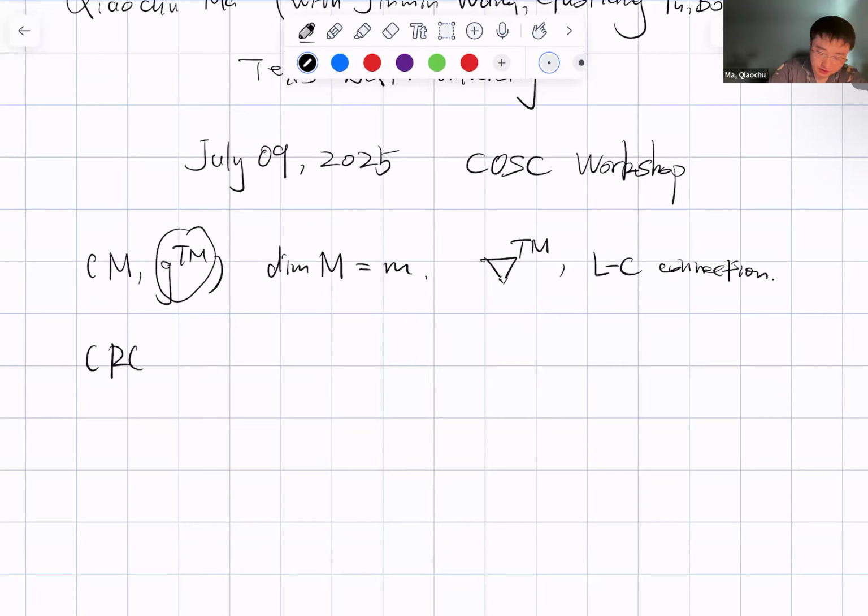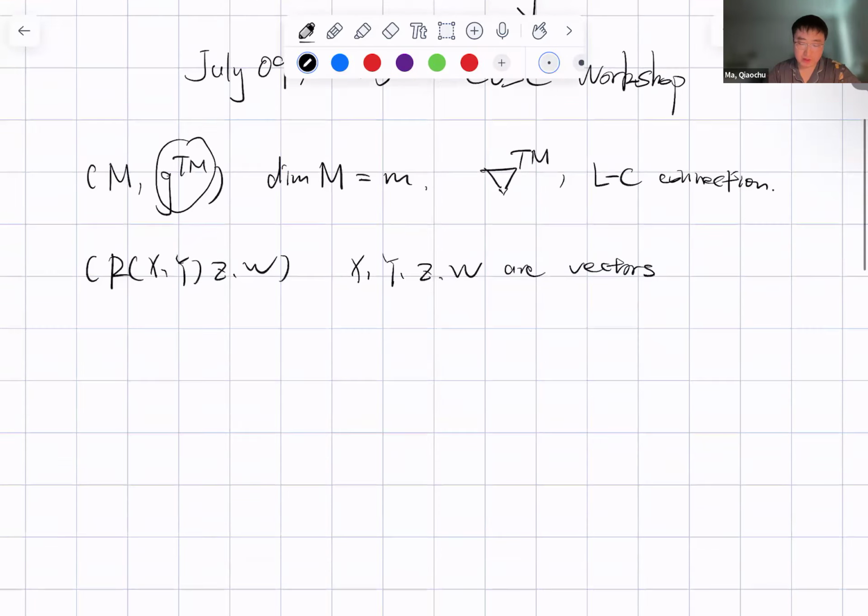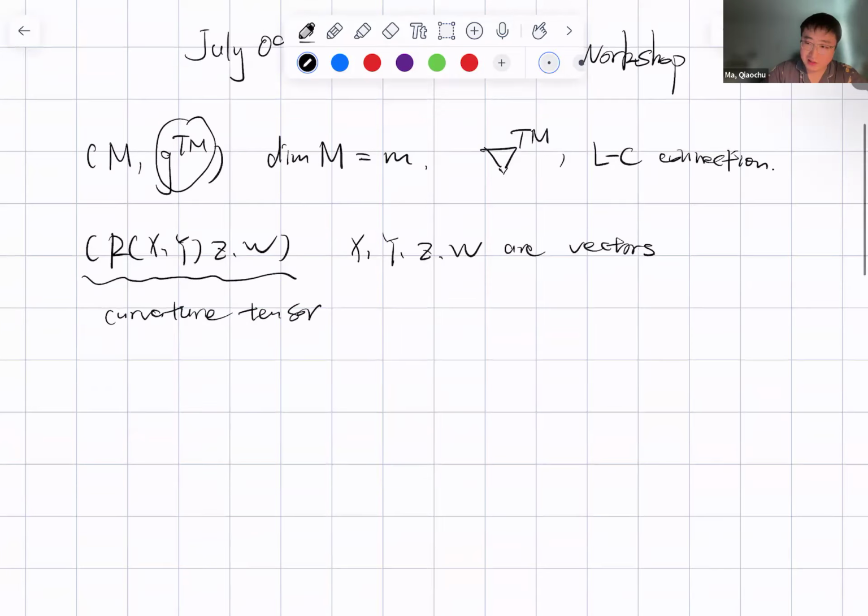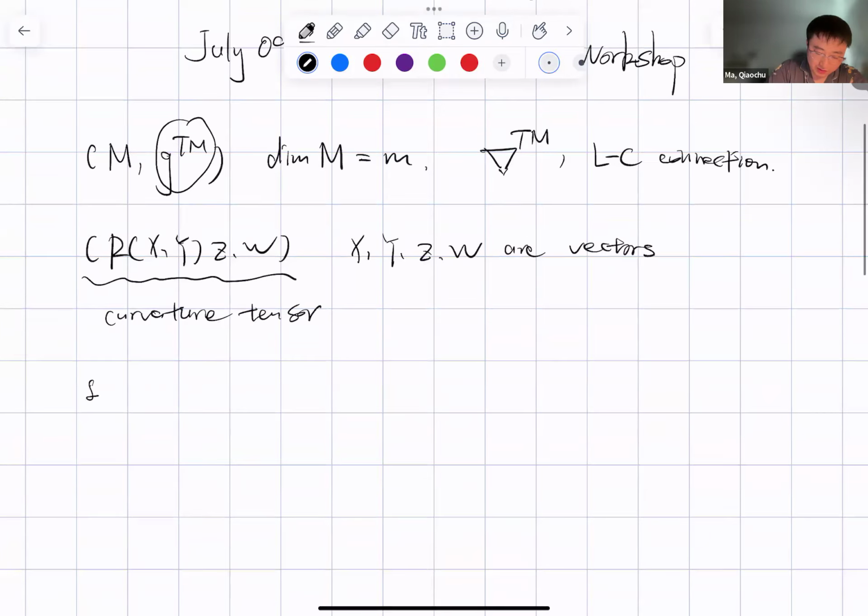And the curvature tensor R(x, y)z, w, where x, y, z, w are all vectors. Okay, so using this curvature tensor, we can construct first something called sectional curvature.